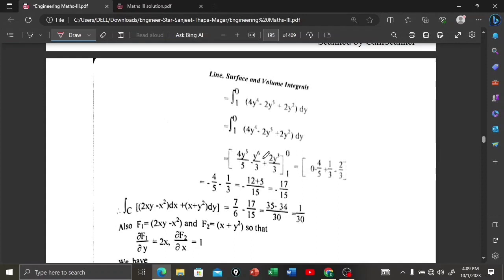Plugging the upper limit, it is 0 in all, and the lower limit will have a minus sign, so minus 4 by 5 minus minus 1 by 3 and plus minus minus 2 by 3.